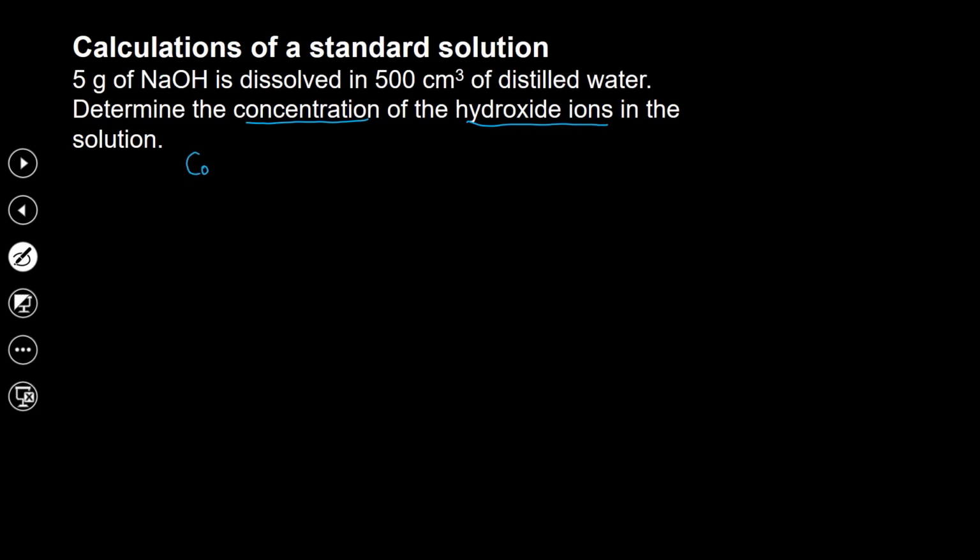So the concentration of sodium hydroxide, this aqueous solution, is equal to 0.25 mole per cubic decimeter. It's a standard solution.